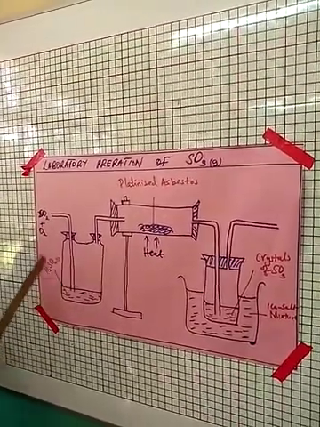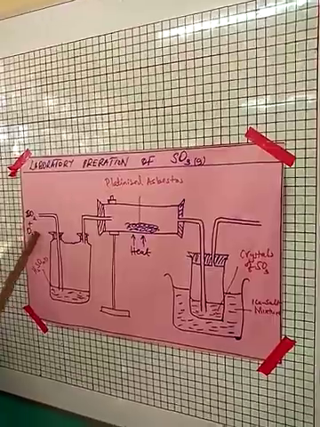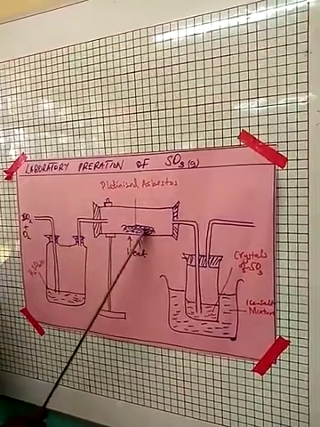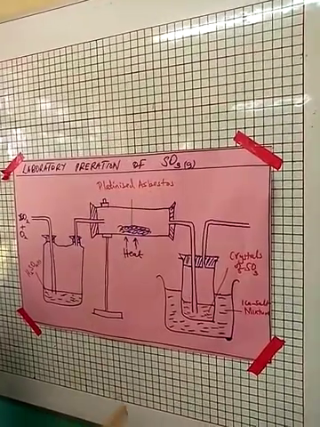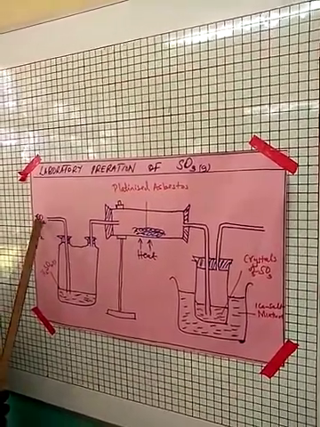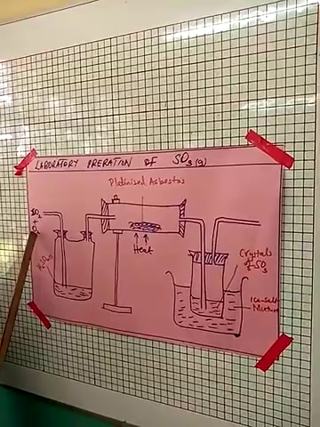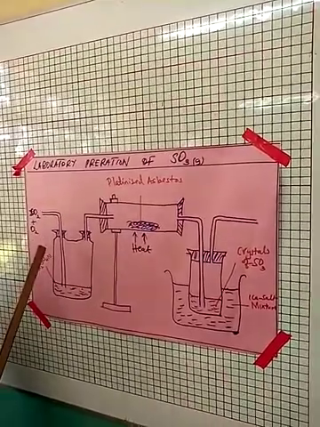So both sulfur 4 oxide and oxygen then pass through platinized asbestos, which is acting as a catalyst. Sulfur 4 oxide will react with the oxygen to form sulfur 6 oxide.